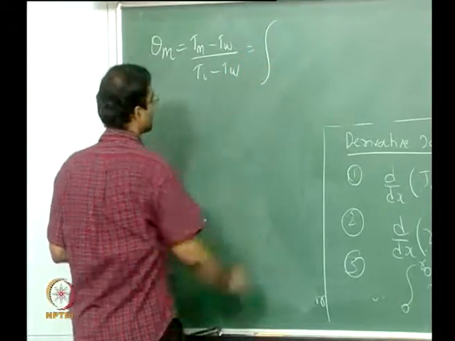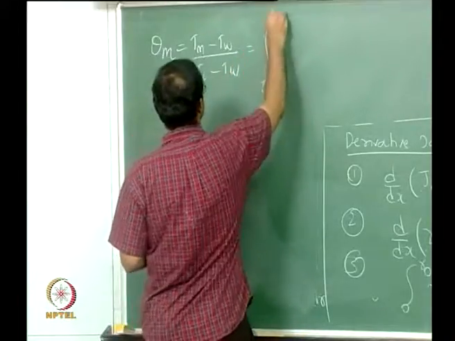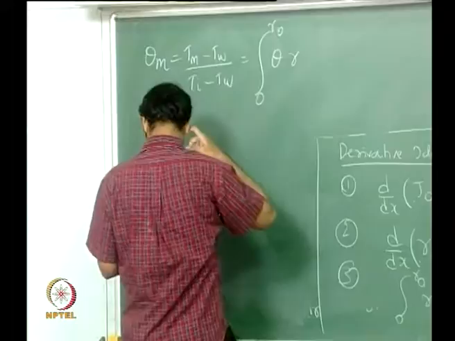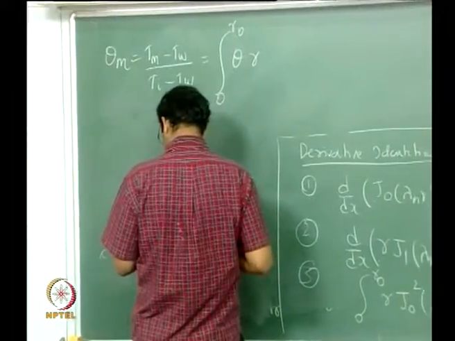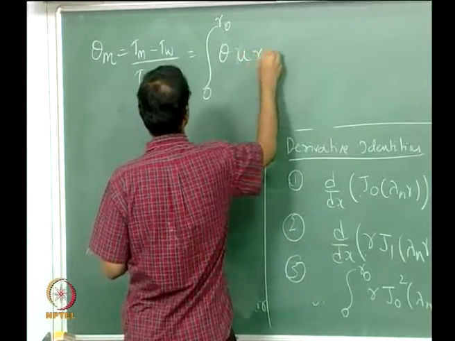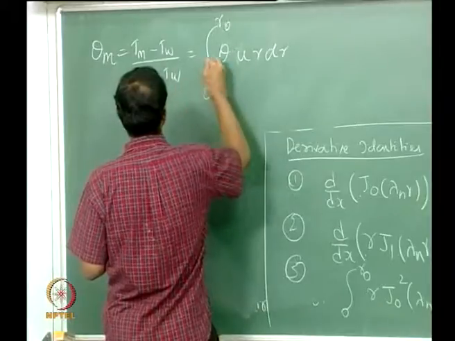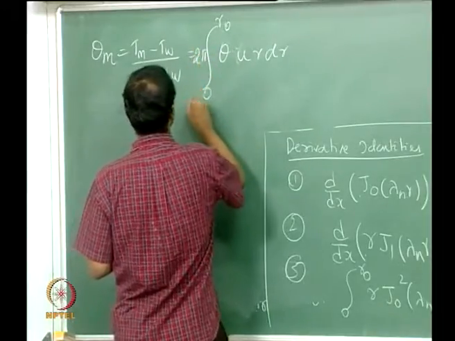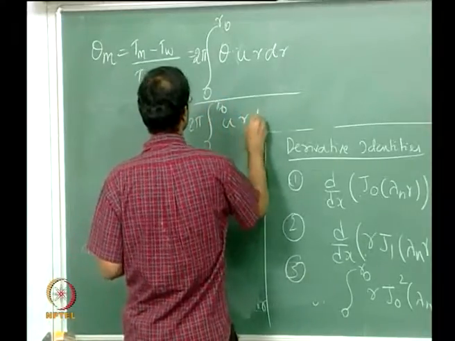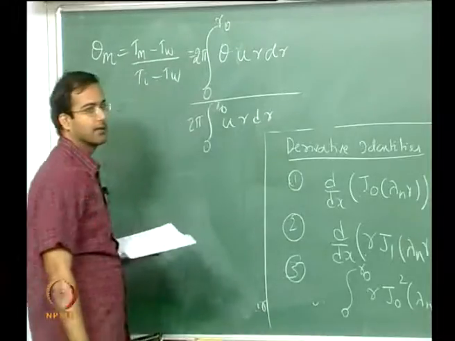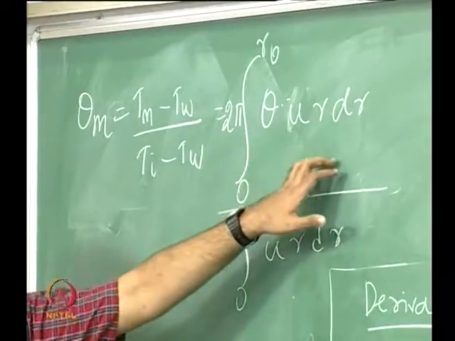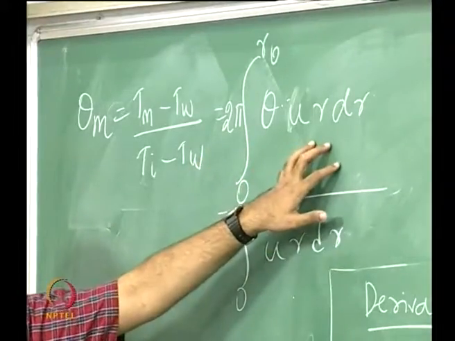So you take the mass weighted average of theta, which will be theta into u into r dr, of course with 2 pi, divided by integral 0 to r naught of 2 pi u r dr. So this is how you define your bulk temperature or mean temperature, mass weighted average.